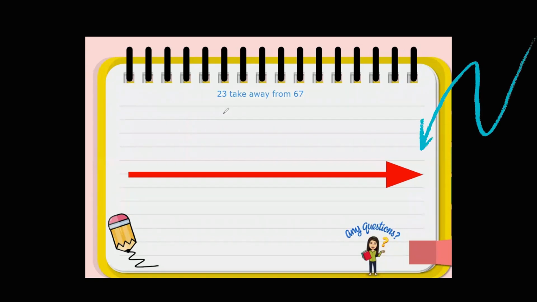So first let's draw an open number line and write the smallest number at the left hand corner. So let it be 23 here. So at the beginning we write the smallest number and at the end we write the biggest number, which is 67 in this case.